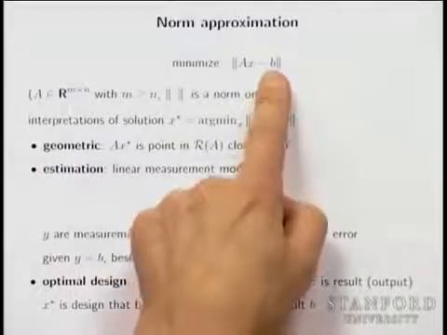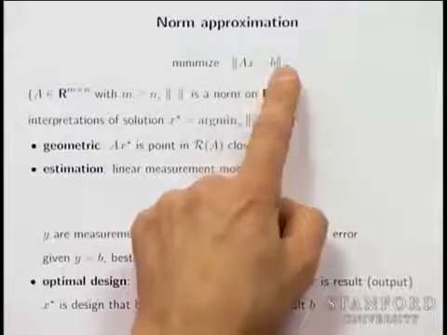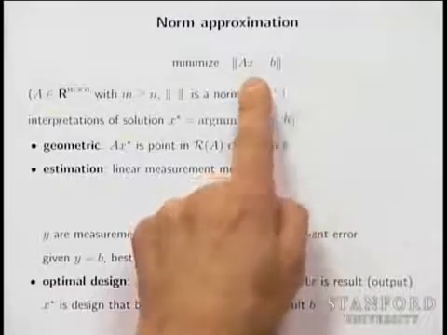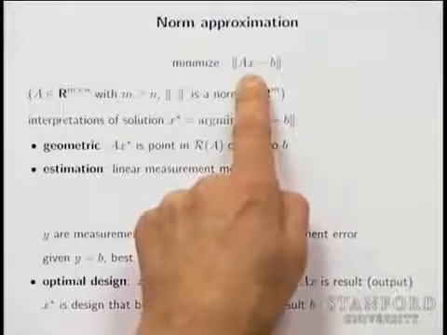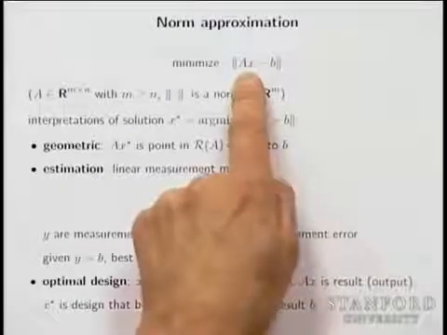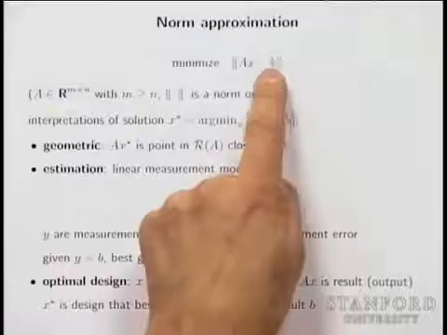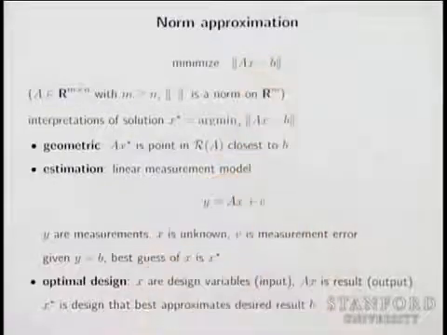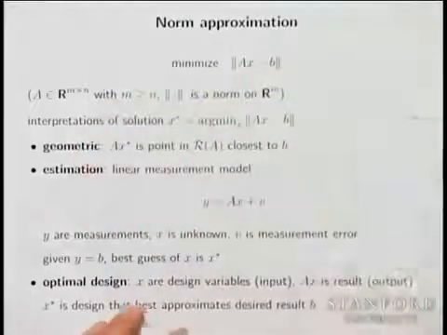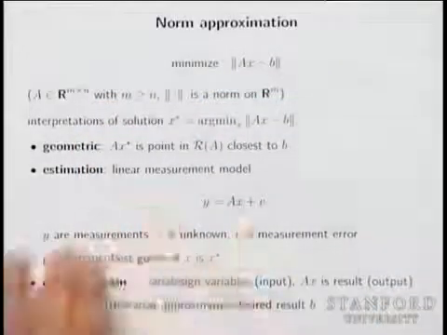And then b is something like a desired outcome. And here, the question is to find the action or inputs so that the actual output, that's Ax, is as close as possible in this norm to this desired outcome b. So all of these are just applications of minimizing the norm of Ax minus b.